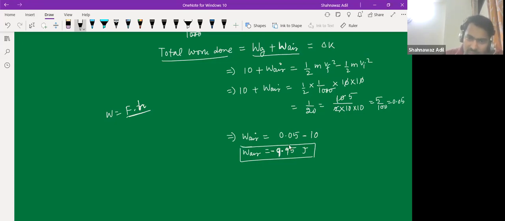Okay, so this is the work done, and now we have to calculate the force. We know that work done is force into displacement. So F air would be minus 9.95 divided by 1 kilometer, which is 9.95 divided by 1000.